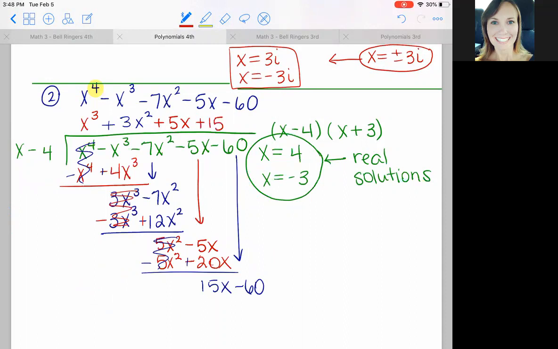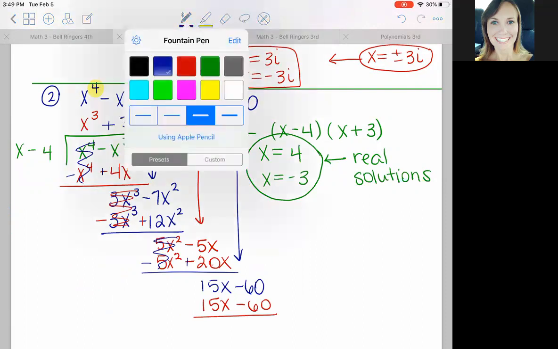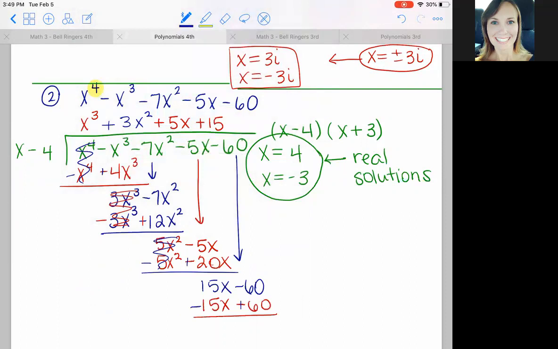So x times 15 is 15x, and then -4 times 15 is -60. I change my signs, and then these go away, and so do these. Yay! I have a 0. So I know that I did my division correctly.